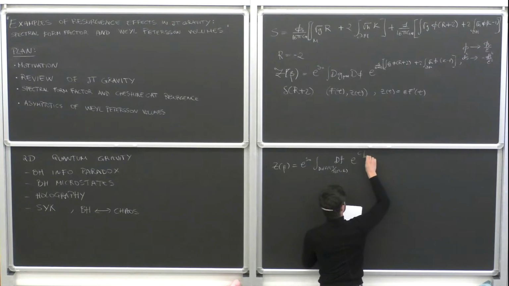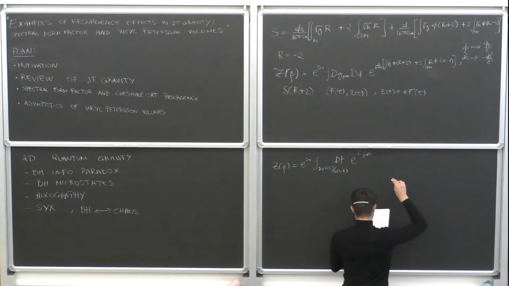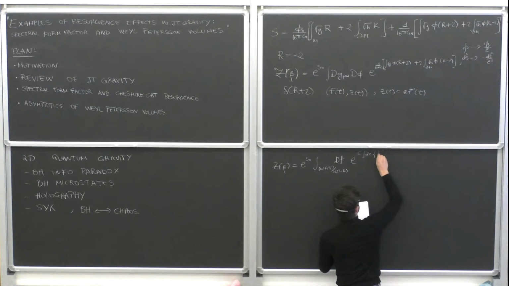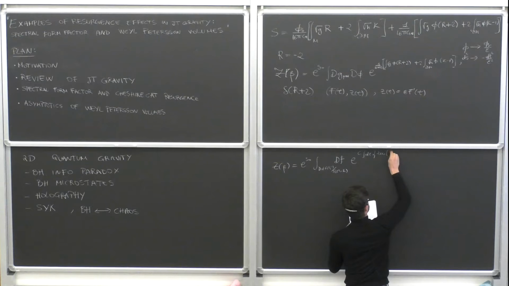And then you have your integral over t of the Schwarzschild of the tangent of pi over beta f of tau and tau.